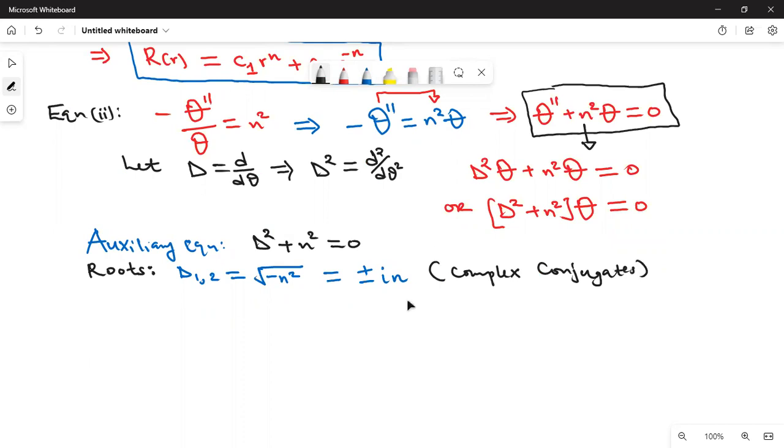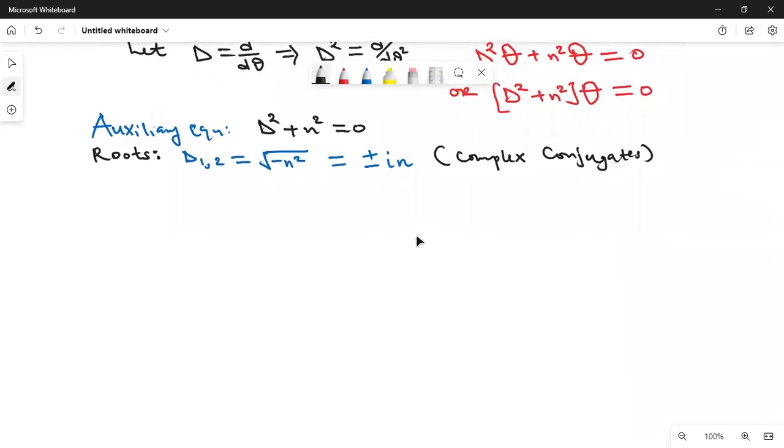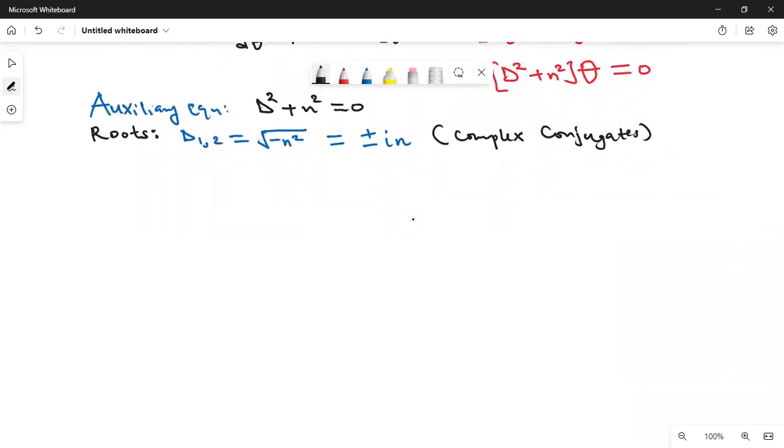When you have complex conjugate roots, how do you write your general solution? So we are going to say that, therefore, the general solution, which is now capital theta, remember it is a function of the small theta, is equal to a constant, call it C3 cos n theta, plus another constant C4 sine n theta, where C3 and C4 are arbitrary constants.